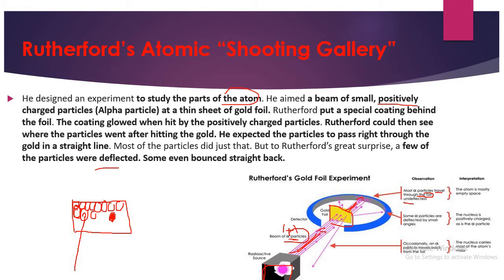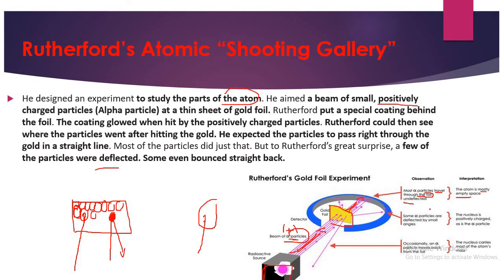There is a hole that lets the alpha particles pass. While if I emit alpha particles at a dense, plugged atom, it will turn back. But some of the alpha particles pass through the atoms inside the gold foil. This means that the atom is mostly empty space. The atom contains empty space to let the alpha particles pass.